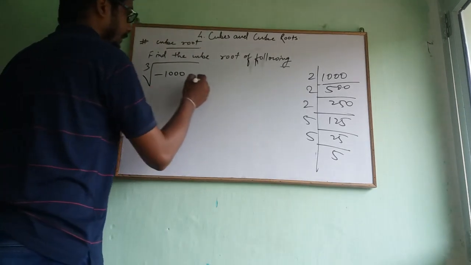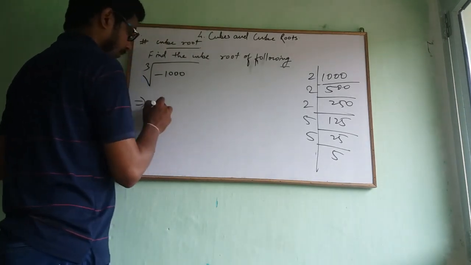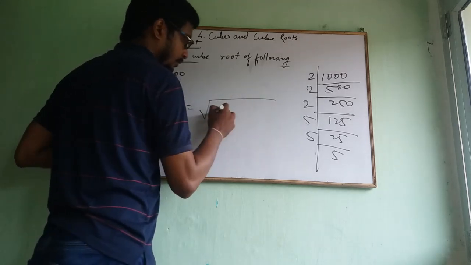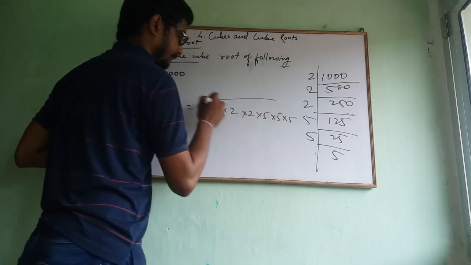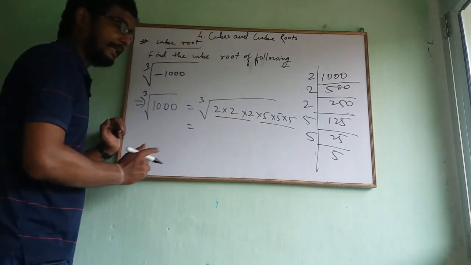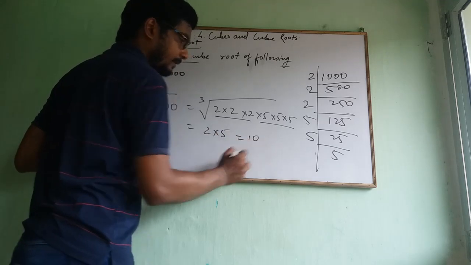So you will write it this way. Cube root of 1000 is 2 into 2 into 2 into 5 into 5 into 5. So 2 and 5 both make triplets. So you will write 2 into 5, that is 10.